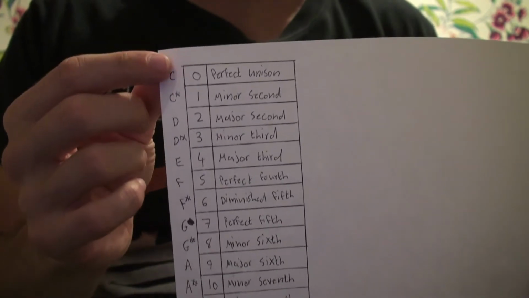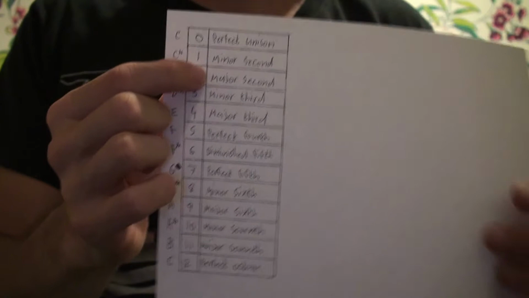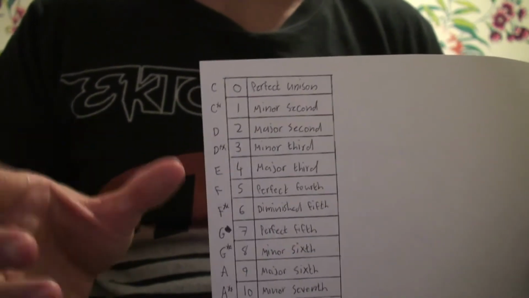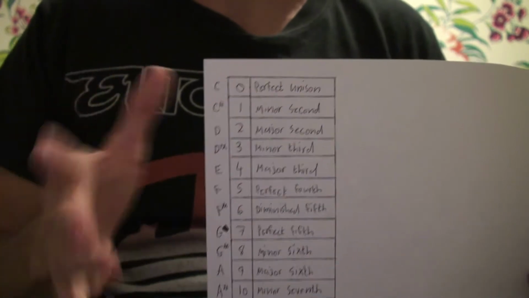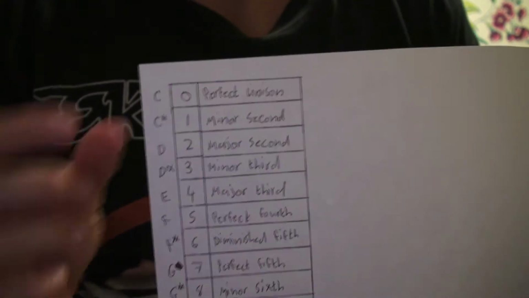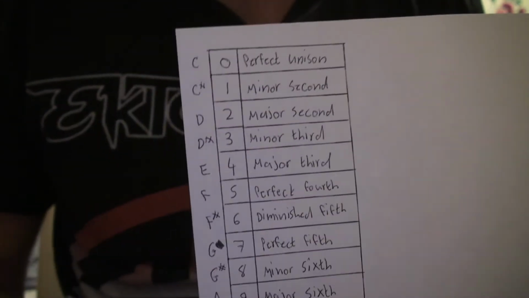Now if you go from a C to a D, that is a major second. So now you've gone up an extra note, that's the next interval along. If you go from a C to a D sharp, that is a minor third.